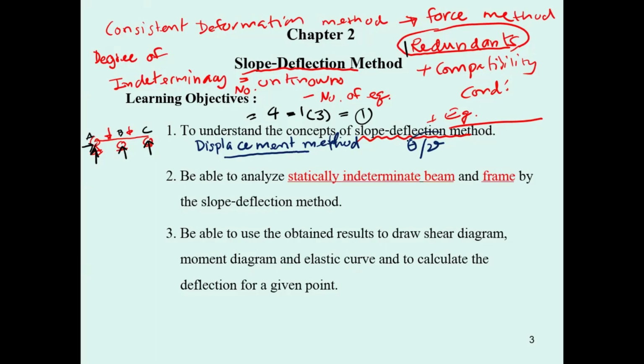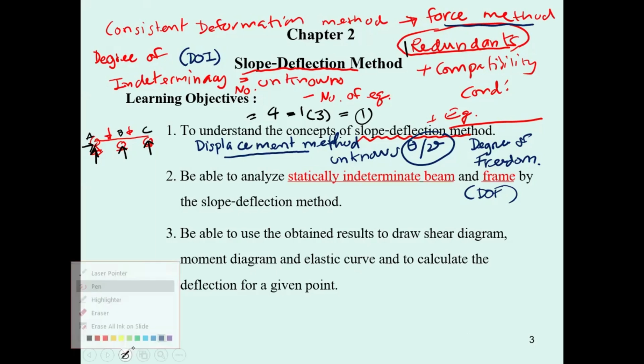And then we call these unknown deformations the degrees of freedom. So is this a kind of new concept to determine the unknowns? Degree of indeterminacy, or DOI, we use for the force method. And for the degree of freedom, we call it DOF. That is going to be used for the slope deflection method.